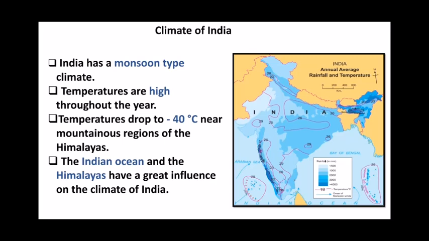The Indian Ocean and the Himalayan ranges exert a great influence. That means the climate of India is influenced very greatly by the Indian Ocean and the Himalayan ranges, and so is the monsoon origin of our country.